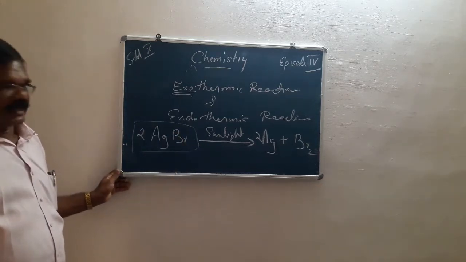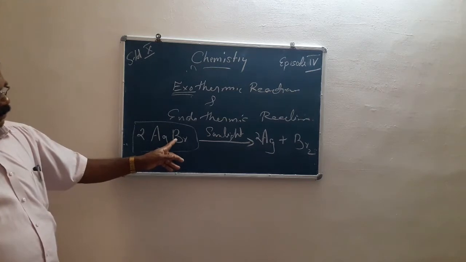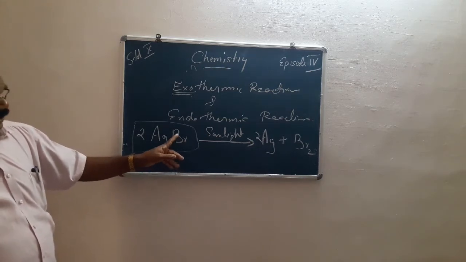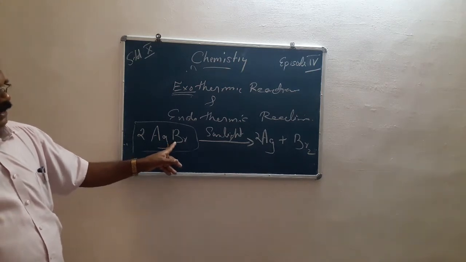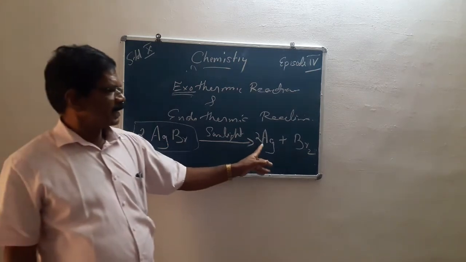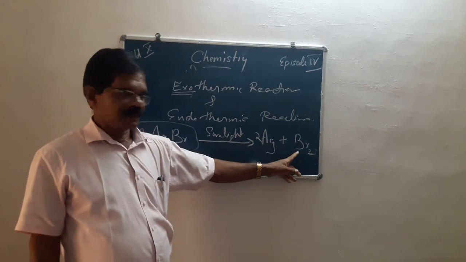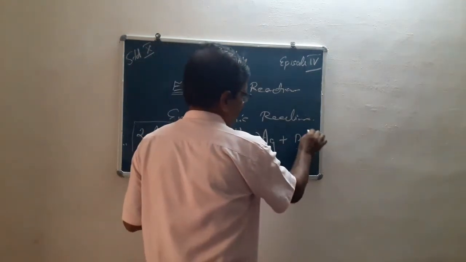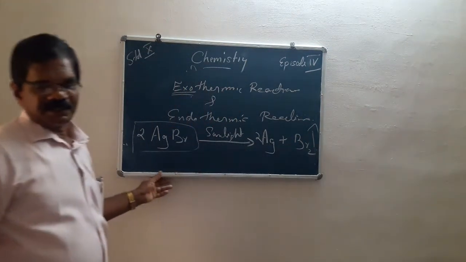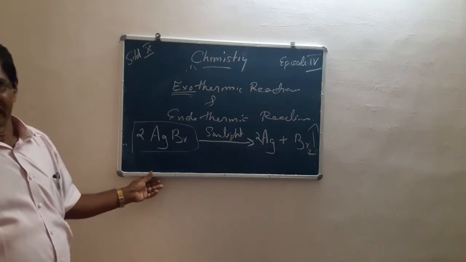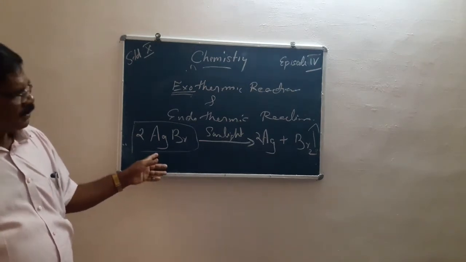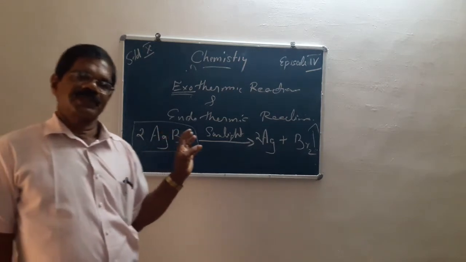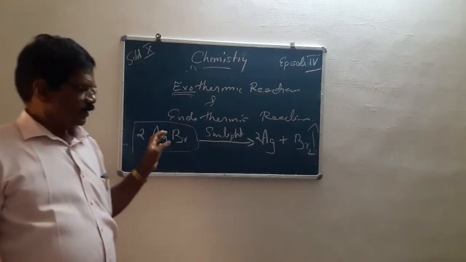When the photo is taken, the silver bromide spread on the surface decomposes to give silver and bromine. Bromine is a gas and it goes away. This is the principle of photography in the earlier age, about 5 or 10 years back. Nowadays we use digital cameras everywhere.